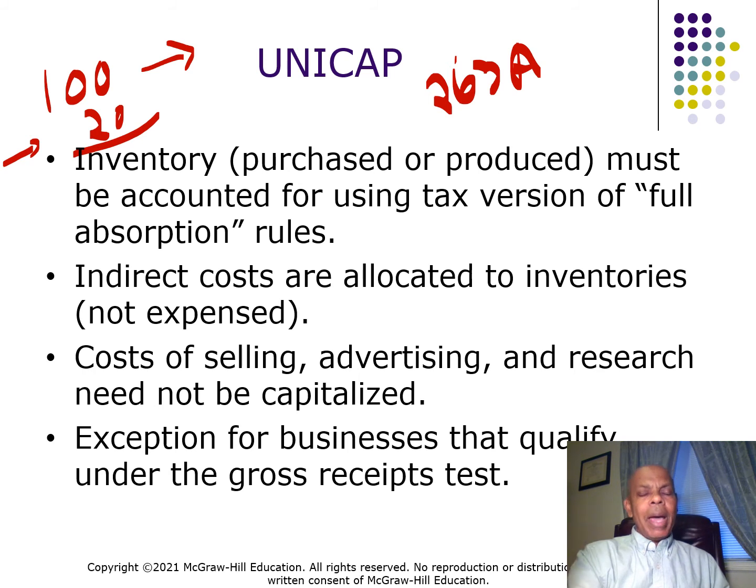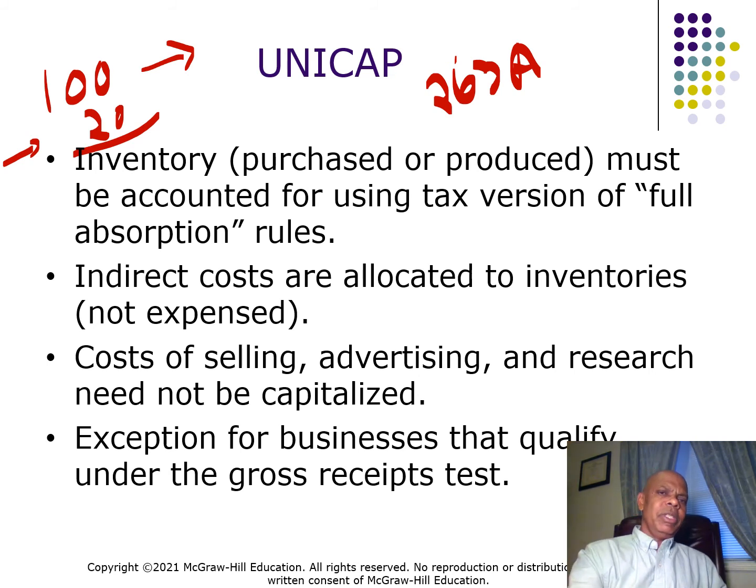So what happens the following year? It might get reversed, because the high ending inventory amount you reported for tax purposes is what you're going to use as the beginning inventory. Higher beginning inventory, everything else being equal, what's going to happen next year? It's going to reduce. The adjustment is going to go the other way, less taxable income. But still, the IRS requires you to make adjustments for UNICAP.